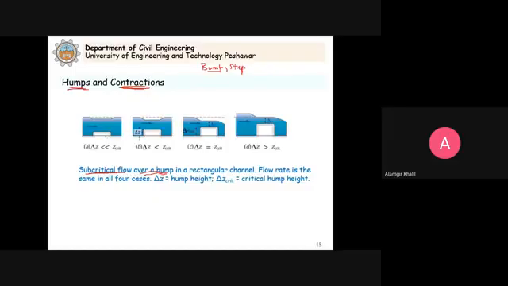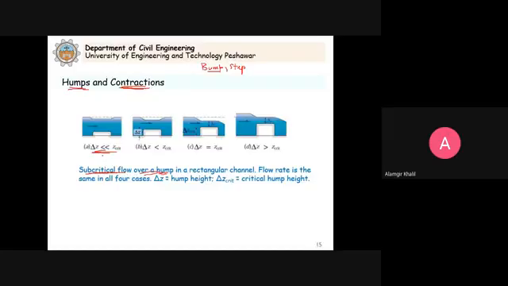Now in this case, you see that when we have subcritical flow, delta Z is very, very small. We already discussed this in the previous lecture: when the water flows over this hump, there is a decrease in the specific energy.